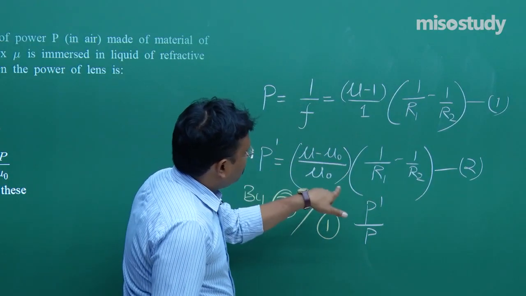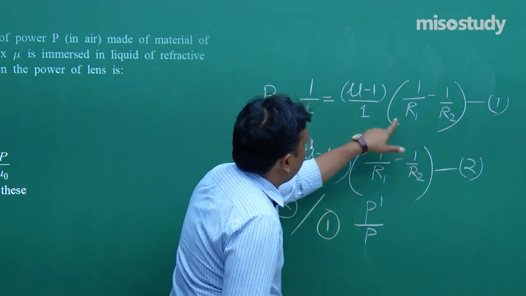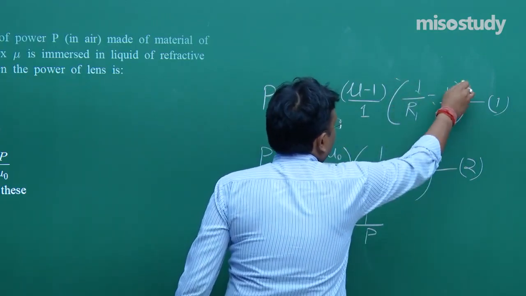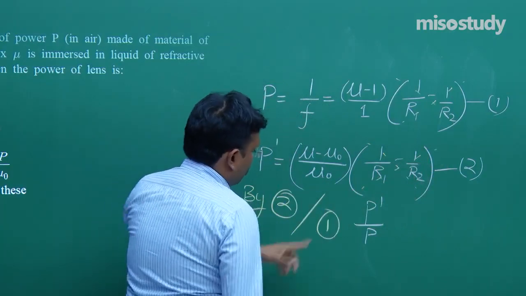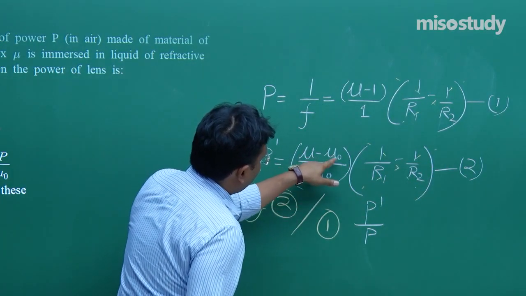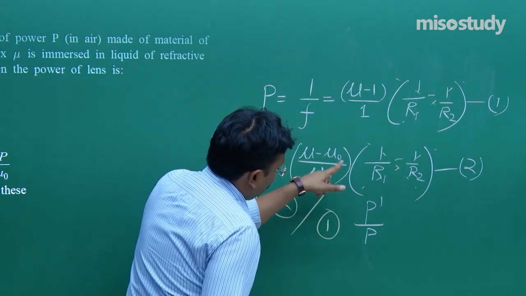Put the values. So this 1 upon R1 minus 1 upon R2 is going to be cancelled, meaningless for me. Only the values left over are mu minus mu naught upon mu naught into 1 upon mu minus 1, fine.